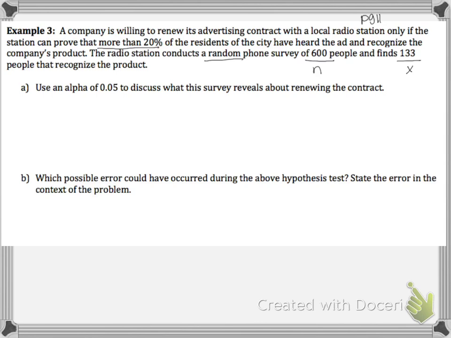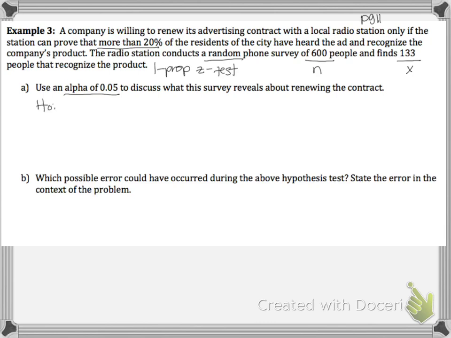This is, in fact, going to be our 1 prop Z test. Our X is going to end up being 133, N is 600, and P naught is going to be the guess of 20%. It says use an alpha level of 0.05 to discuss what this survey reveals about renewing the contract.